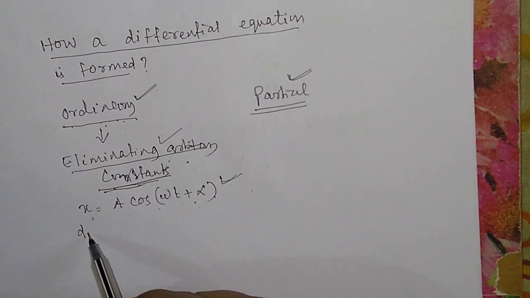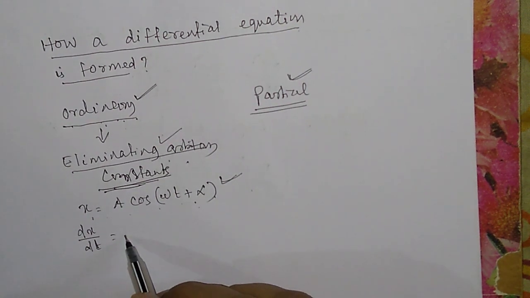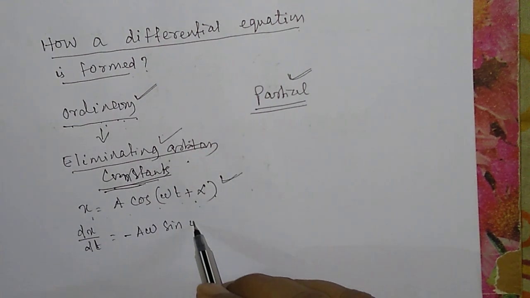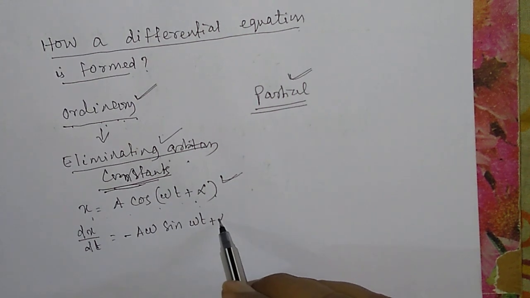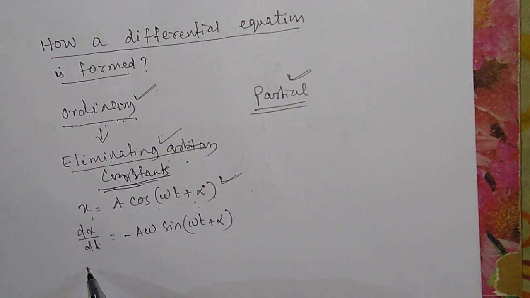So what will be the expression for velocity? dx/dt, the derivative of x with respect to t, is equal to minus a omega sin(omega t plus alpha). This is the equation for the velocity. Then what will be the equation for the acceleration?